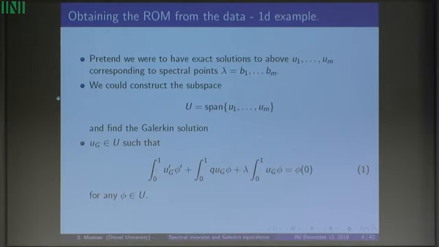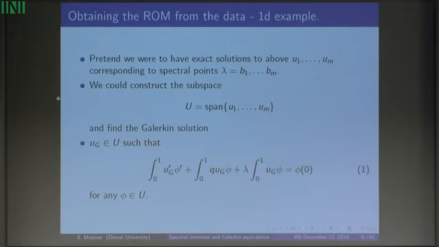Now, for the inverse problem we don't know q, so we cannot get the exact solution, but let's pretend for a moment that we did know q, and we know these exact solutions exist. So let's pretend we have exact solutions, u1 through um, corresponding to these spectral points. In theory, you could construct the subspace U, which is the span of these solutions, and find the Galerkin projection of the true solution onto this subspace.